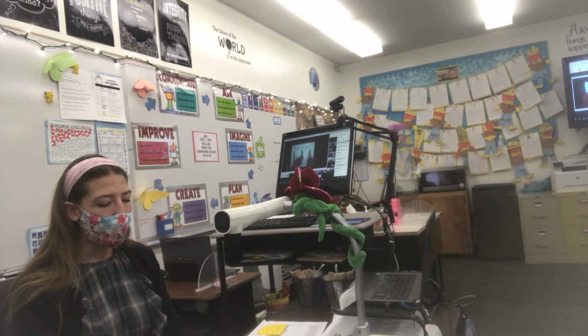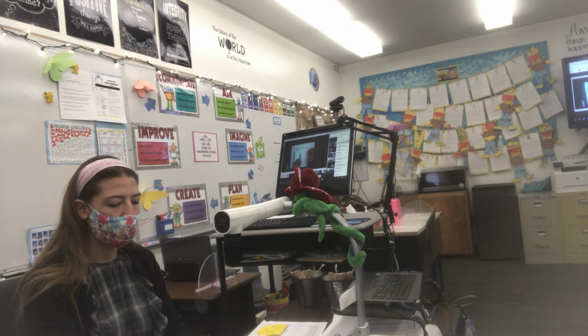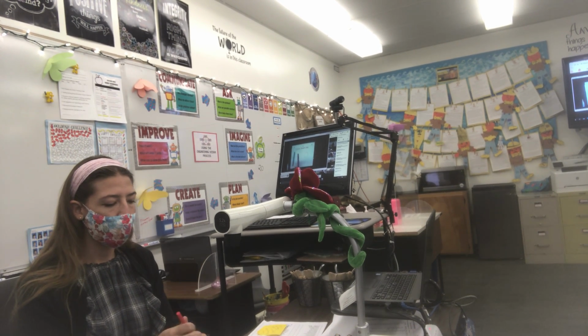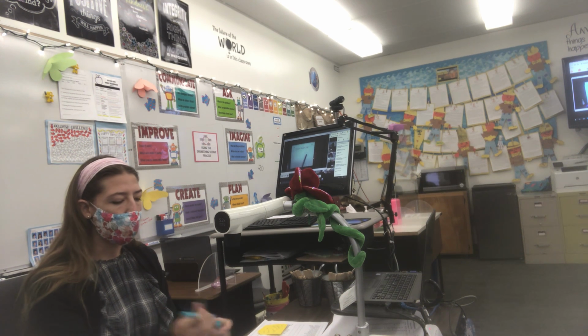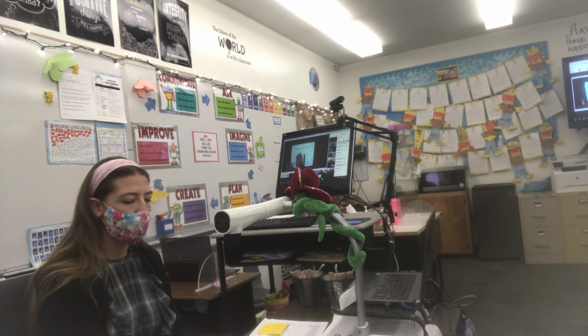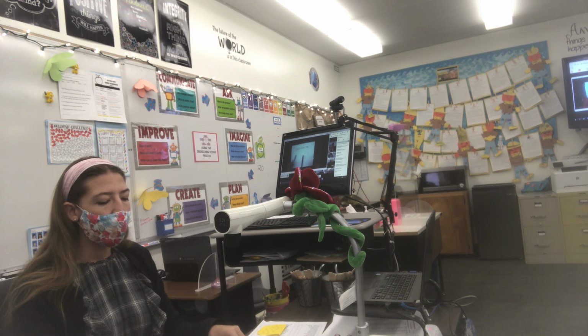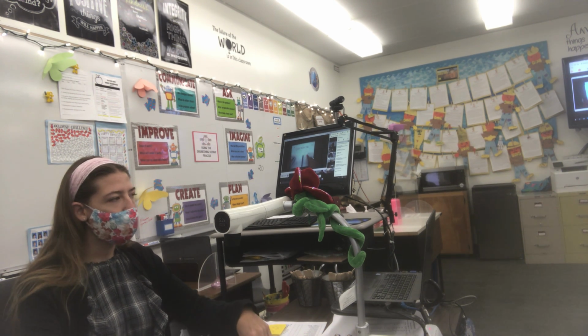So what you do in a double bubble map is you have one big circle over here and one big circle over here. These 2 symbols represent what you're comparing and contrasting.